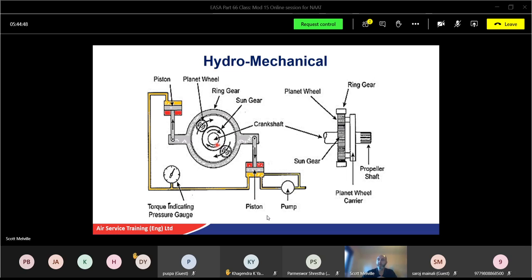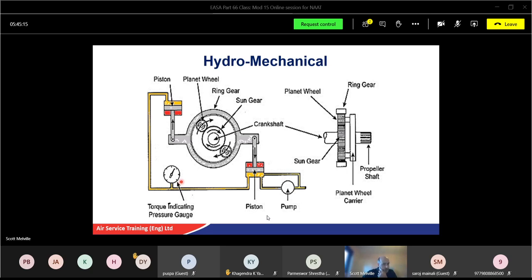The planet gears are going anti-clockwise, but as they're moving anti-clockwise, they're trying to move this ring gear clockwise. So the more that tries to move the ring gear, the more that will move these pistons up that way, which will squeeze the pressure in there, and that'll be indicated on your indicator gauge.